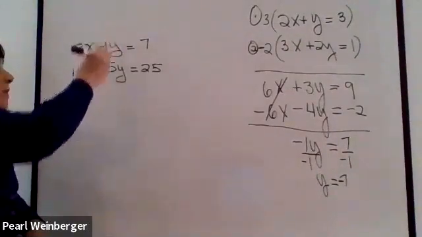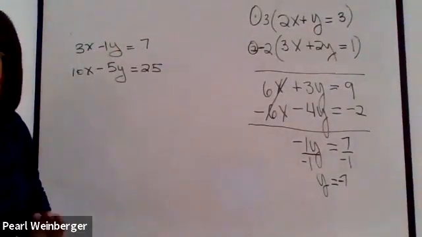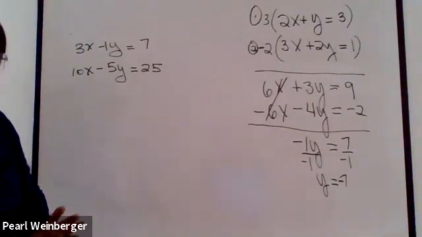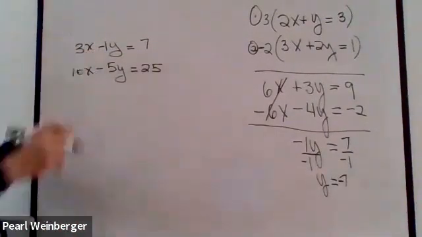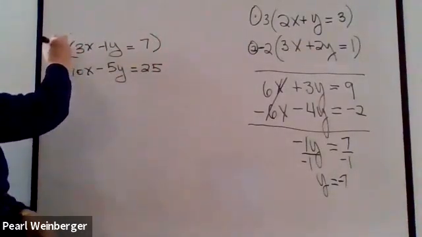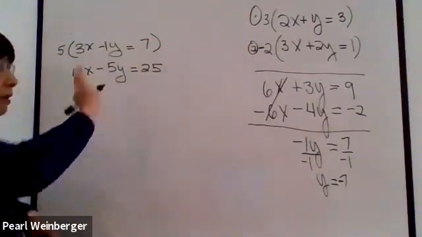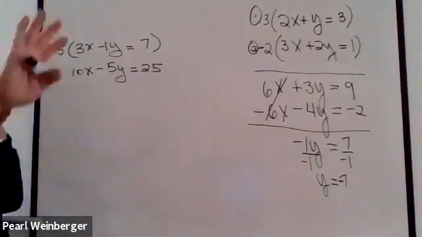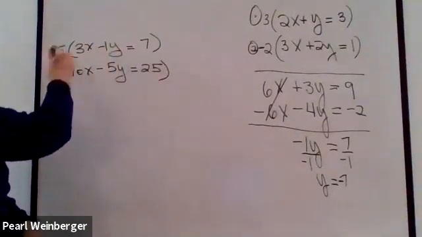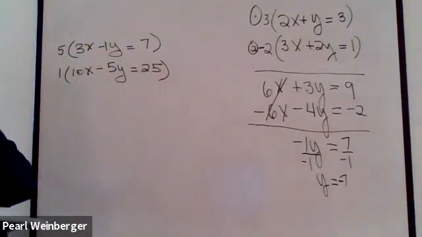In front of the y, there's a -1. Don't worry about the negative. First, worry about the number. So the top equation, I'll multiply by the 5. Remember, I'm just looking at the number. I'm not looking at the sign. The sign I deal with differently. The second equation, I'll multiply by the 1.